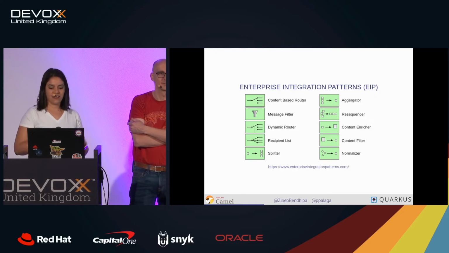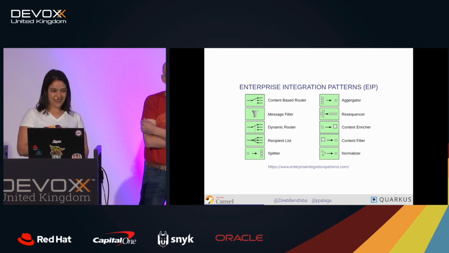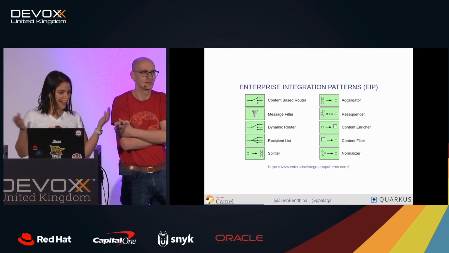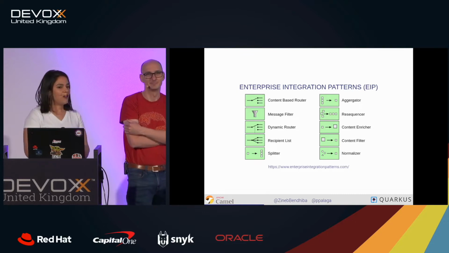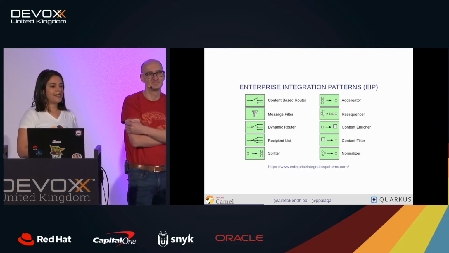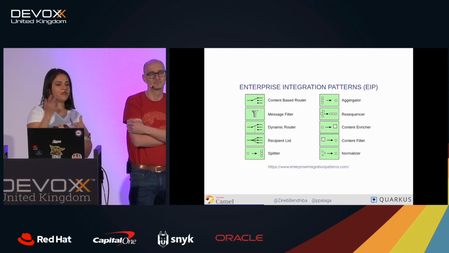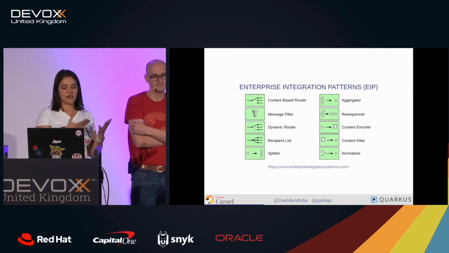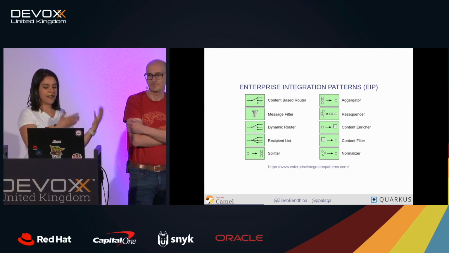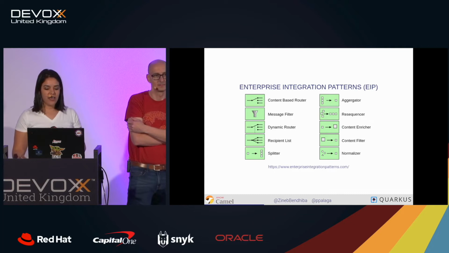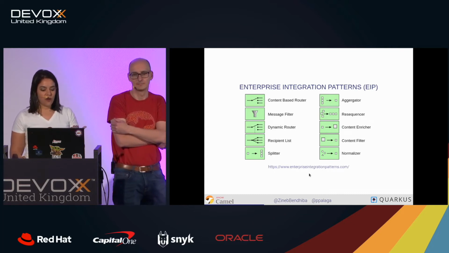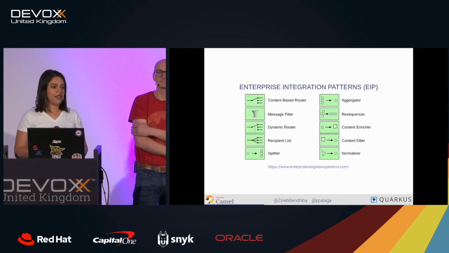So it's a pretty old Camel at the moment, that adapts with time, like we're going to see today. But the thing is that, for example, we have message filter, content-based router, where we route the message depending on what is contained in the message, aggregator, filter, and there are so many that you can read in the book or go to this website to see them.